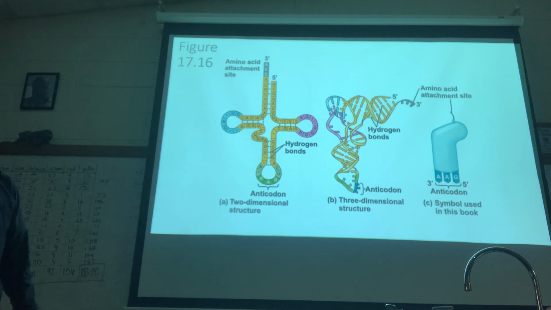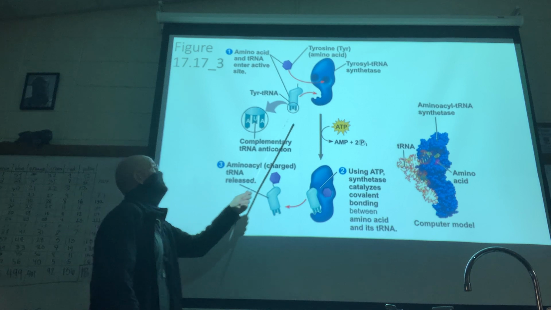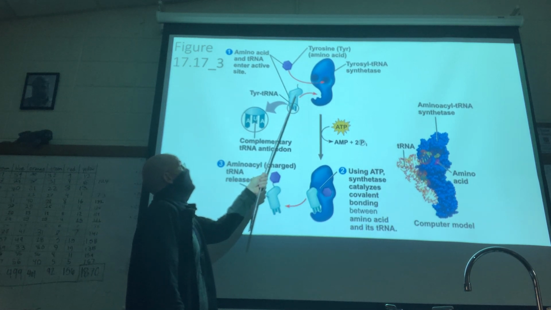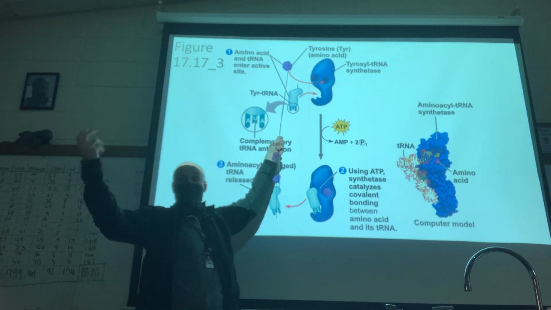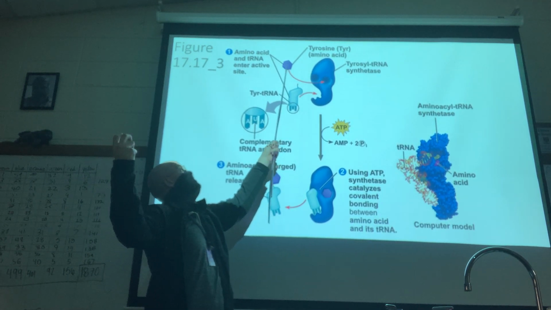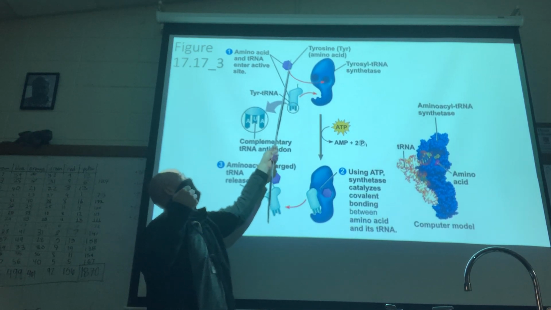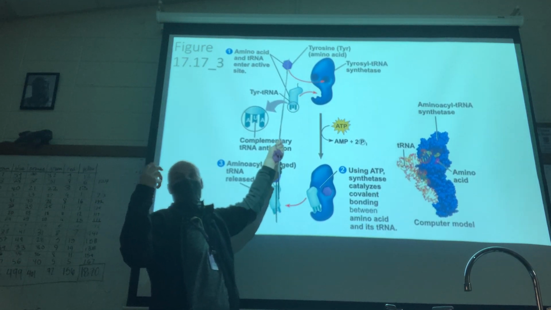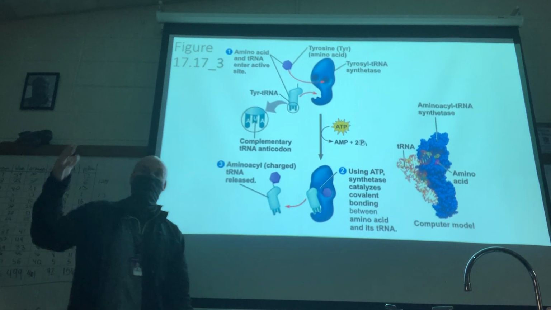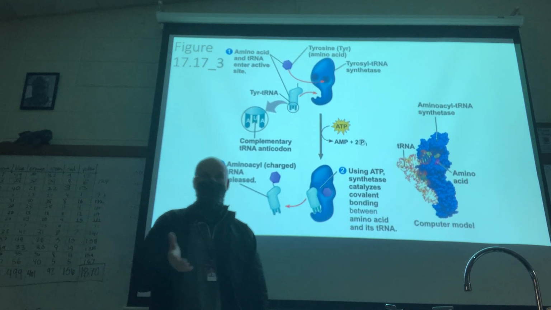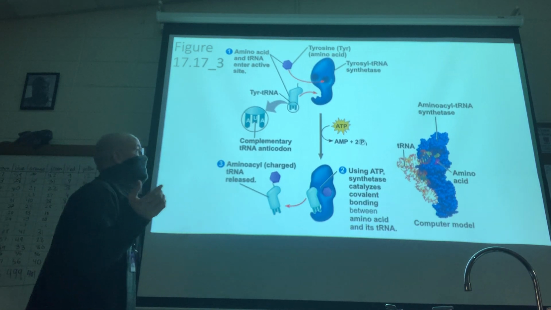Now, your book continues with a discussion of how it is that a tRNA can even get an amino acid. So a tRNA with a specific anticodon needs to have an amino acid attached to it before it goes to the ribosome and participates in the building of a protein.